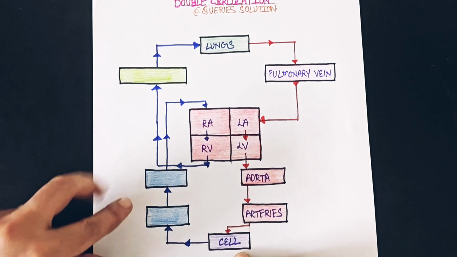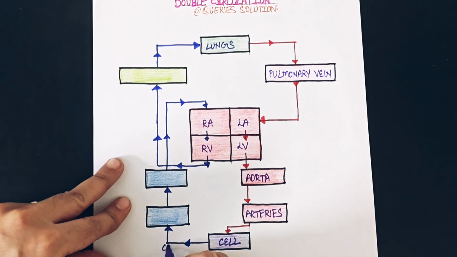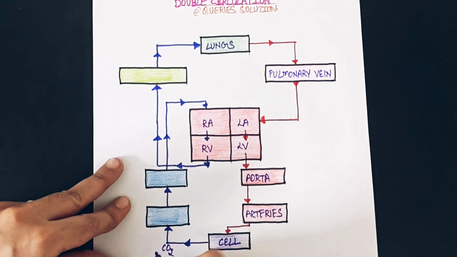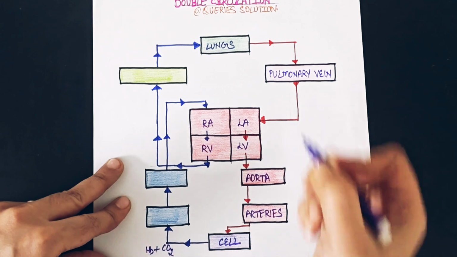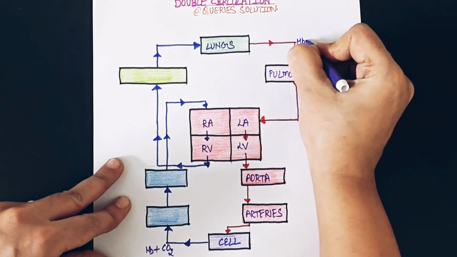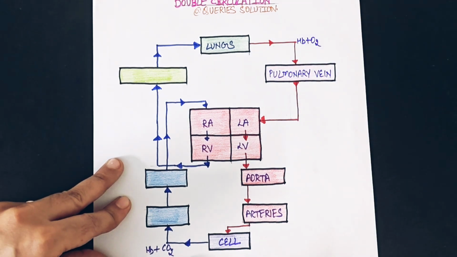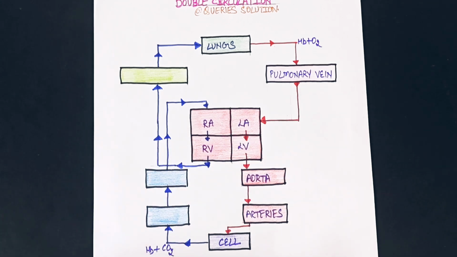Why? Because here your blood has a rich concentration of CO2. It is your hemoglobin along with your blood. Here it was hemoglobin along with oxygen. And such blood which has a rich concentration of CO2 and a very low concentration of oxygen is known as the deoxygenated blood.